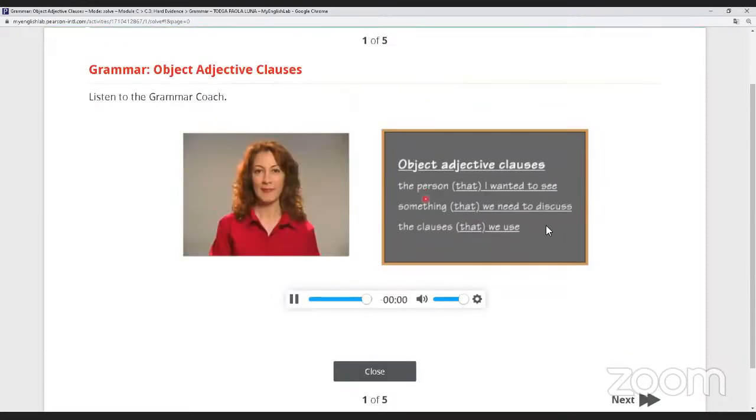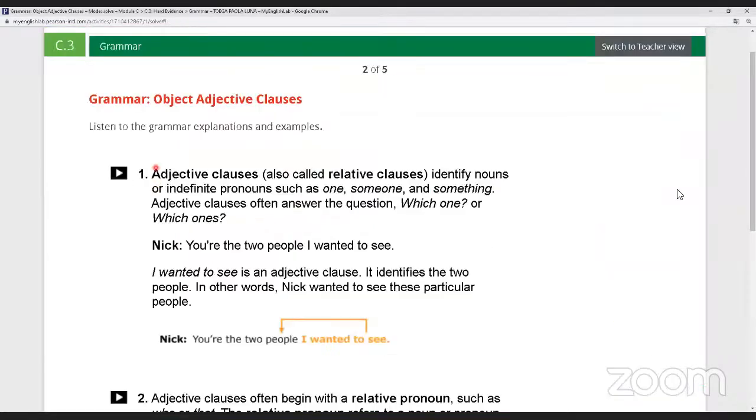Okay, we have the person that I wanted to see. As you can see, we have a clause made of subject, verb, okay? Something that we need to discuss, subject, verb, the clauses that we use. Okay, so now we're gonna continue with the first point.